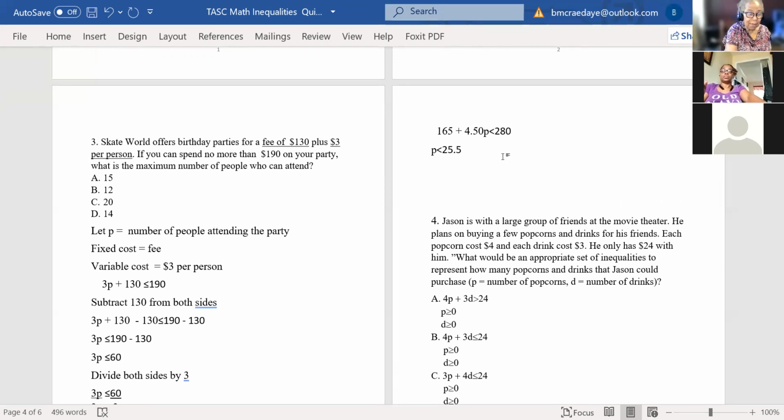Okay, now what does this mean? What's the maximum number of people who can attend?